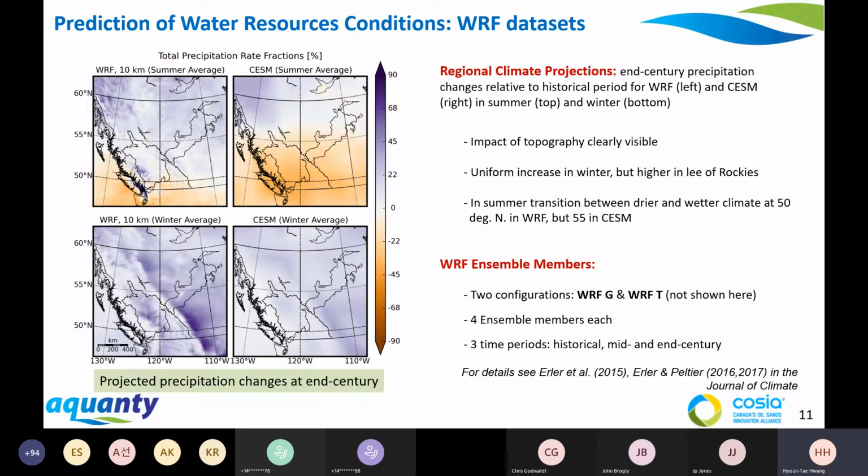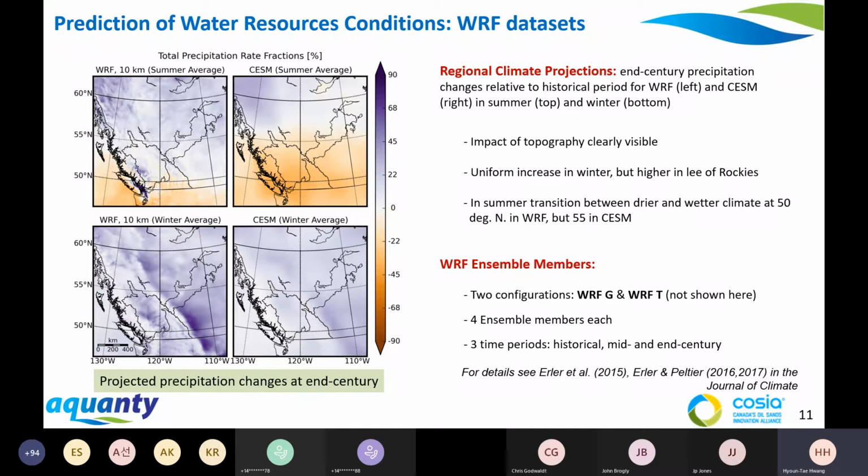Let's look at the bottom two figures. The left side is the WRF 10 kilometer resolution precipitation change, and the right side represents the CESM global scale precipitation change during winter time. Both precipitation changes are similar, which means in future prediction there is an increase in precipitation.